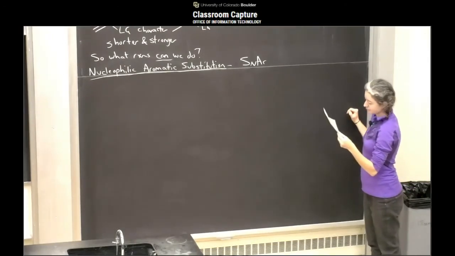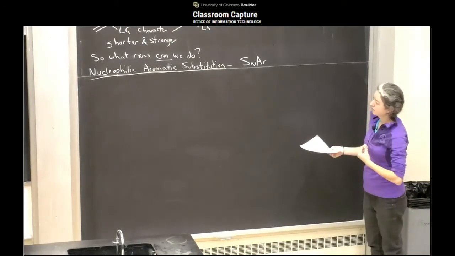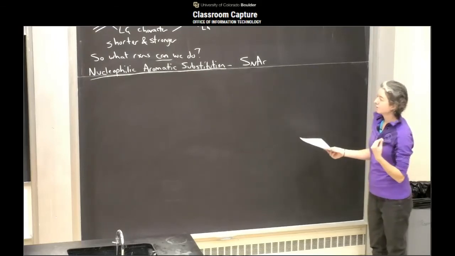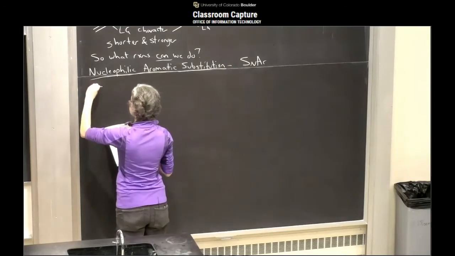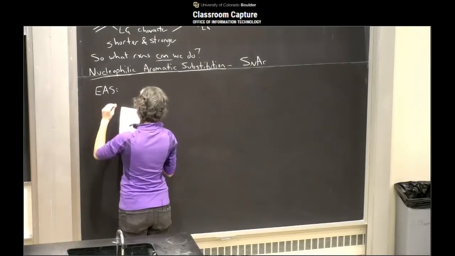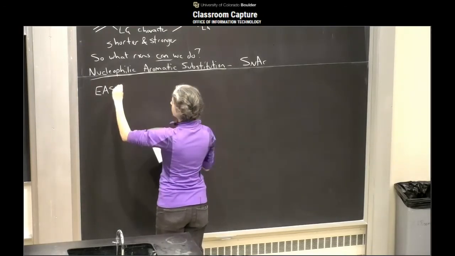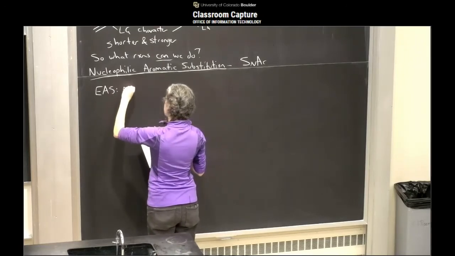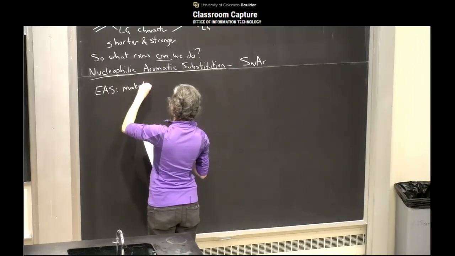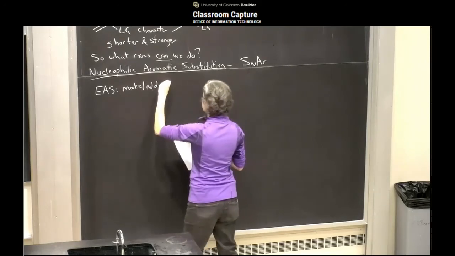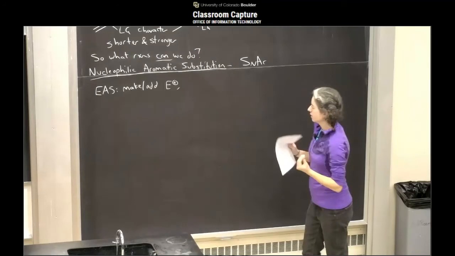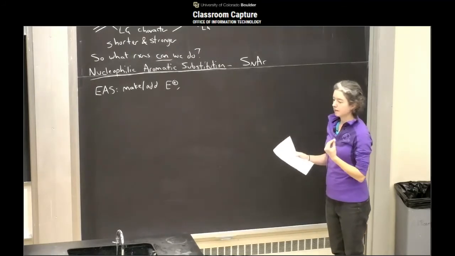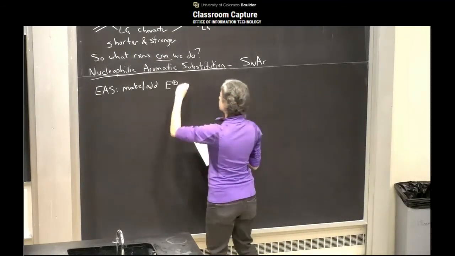Okay, so let's look at the big picture of comparing this to EAS. When we were doing electrophilic aromatic substitution, what we did was get an electrophile somehow, so either make it or just add it as is. Then we have the ring attack it and put a positive charge on the ring.